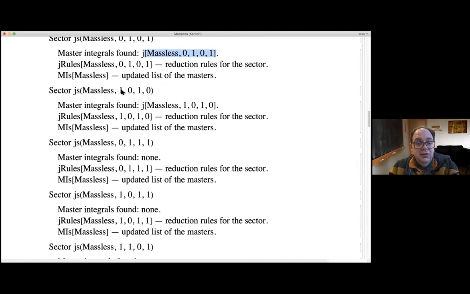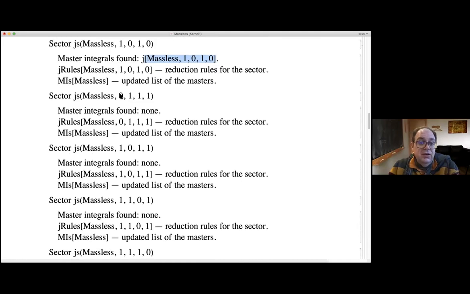And it does it when nu1 is positive, nu2 is negative, nu3 positive, nu4 negative. It found a master, and it goes through all of them. For example, in the sector when nu1 is negative and all the others are positive, there's no master. That matches what we know, because remember, this would be something like a 3-point function.